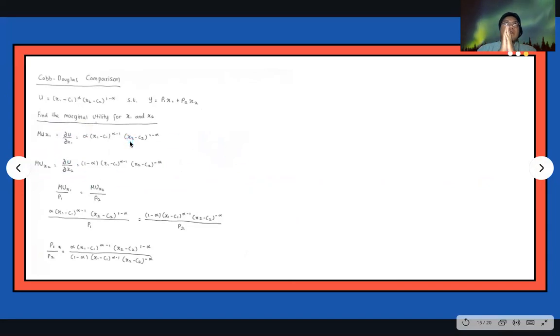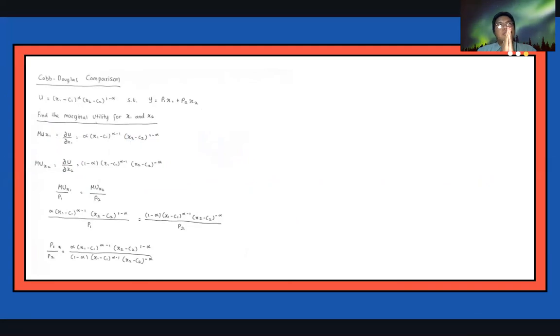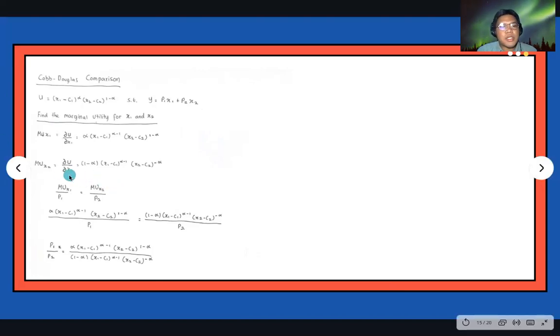Then we know that the marginal utility per price is the same. We want to make the comparison of marginal utility of x1 equals marginal utility of x2 by dividing by P1 and dividing by P2. So you just substitute it, and boom, you get P1 over P2.